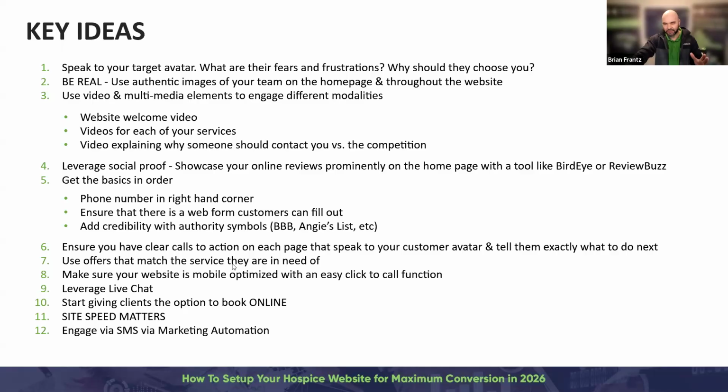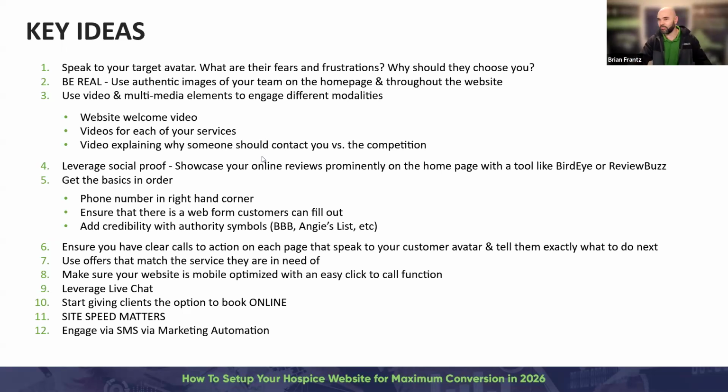I want to match, like if they're on the home health page, we don't want to say, hey, I have a consultation about hospice on that form. Okay, so have a form that matches the service line that you offer. Make sure your website's mobile optimized, leverage live chat, the site speed.